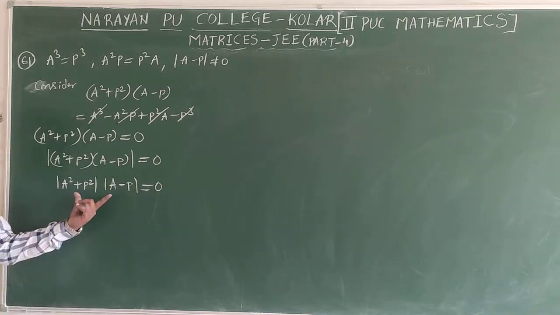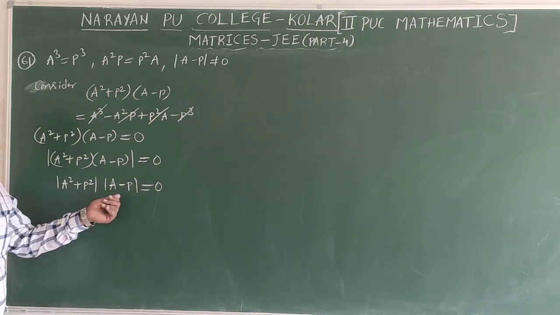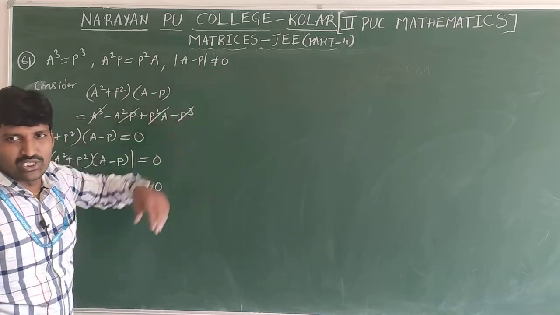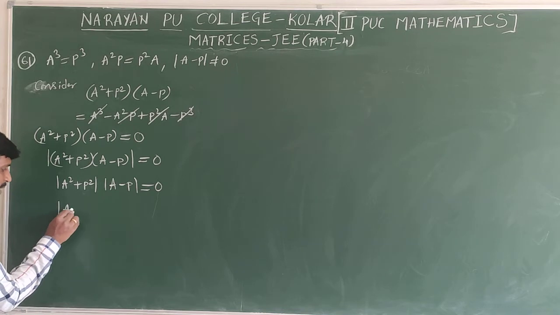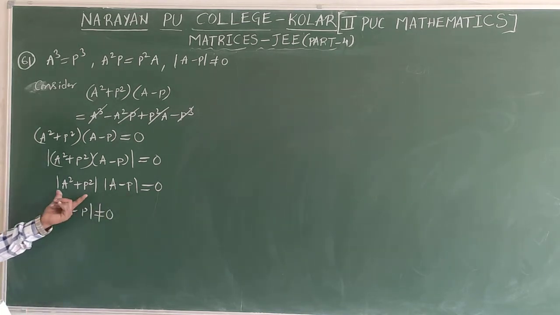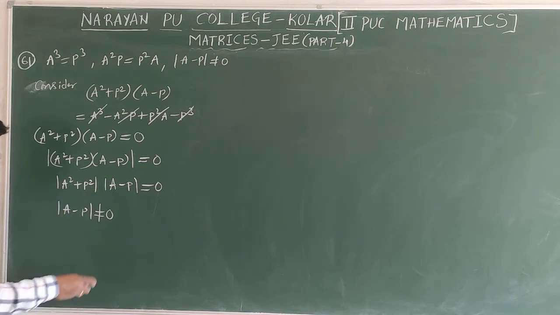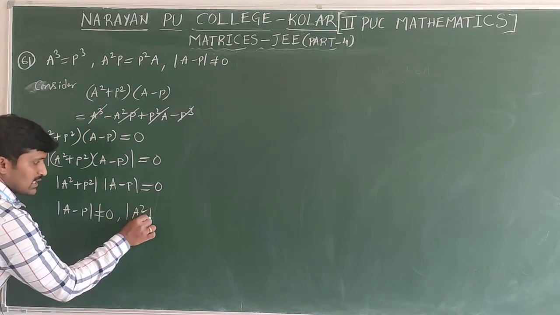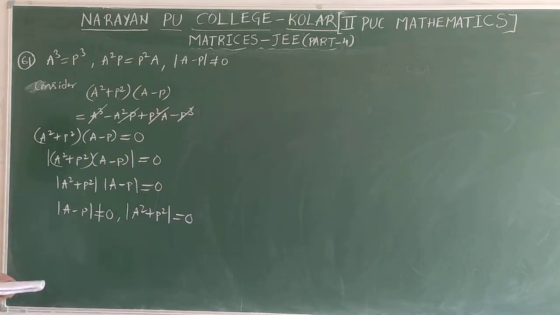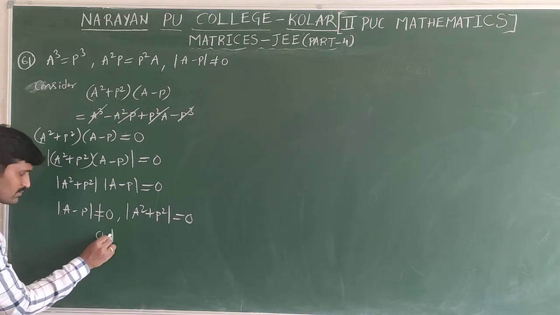When the product of two terms is 0, either the first value is 0 or the second value is 0, but the second value is clearly given as not equal to 0. So det of (A minus P) clearly not equal to 0 means, to satisfy this condition, the first value compulsorily we need to take 0. That is det of (A square plus P square) is 0. They are asking this value only. Which option is correct? Option B is the correct one.